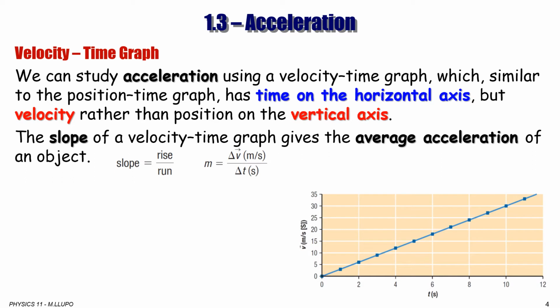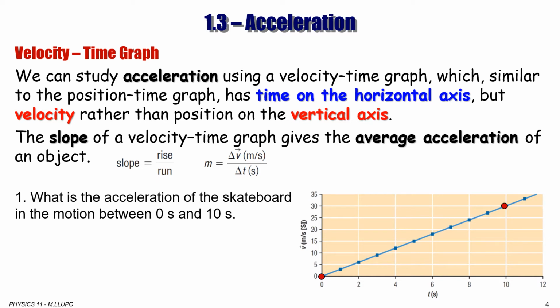The slope of the velocity-time graph gives you average acceleration. So slope, which is rise over run, is the change in velocity per interval of time. Here's an example. What is the acceleration of the skateboard in the motion between 0 and 10? So you have two points there. Interval of time is 0 to 10.